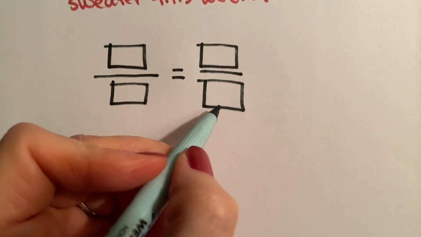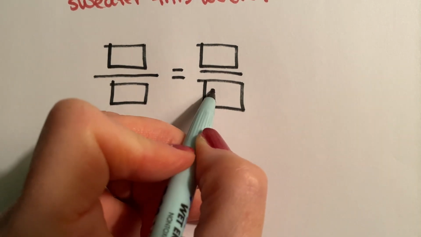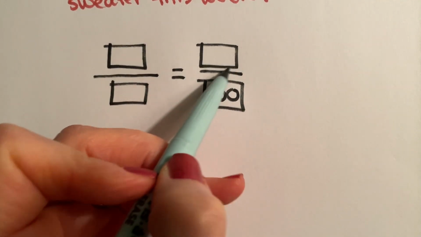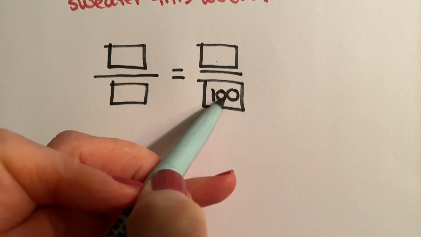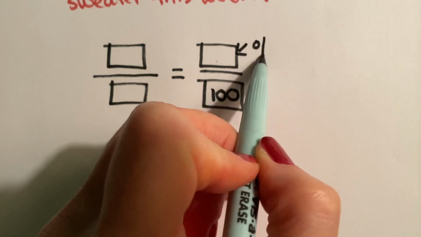Do you remember what I told you always goes in this lower right corner? You got it, 100. That's a no-brainer. And always above the 100, remember I just told you any number over 100 is a percent. This is where your percent goes.